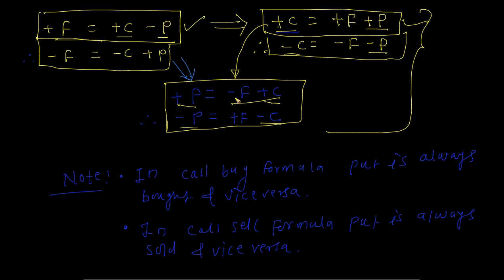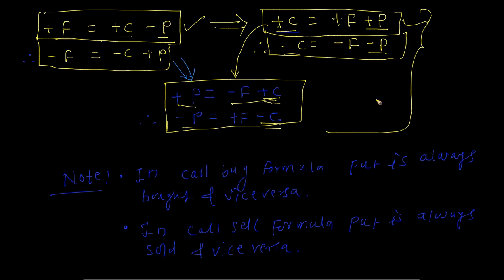That means if you are making a formula for call buy, you are buying a put. If you are making a formula for call sell, you are selling a put. If you are making a formula for put buy, you are buying a call. If you are making a formula for put sell, you are selling a call, right? So that's how you can remember.